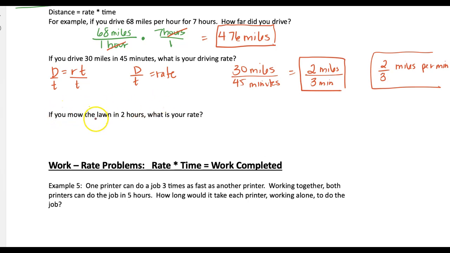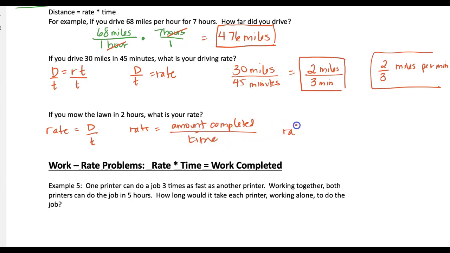If you mow the lawn in 2 hours, what is your rate? Now here we don't have a distance, we actually have an amount completed. So if we're looking at rate equals distance over time, we're just going to look at that as rate equals, instead of distance, the amount completed over time.